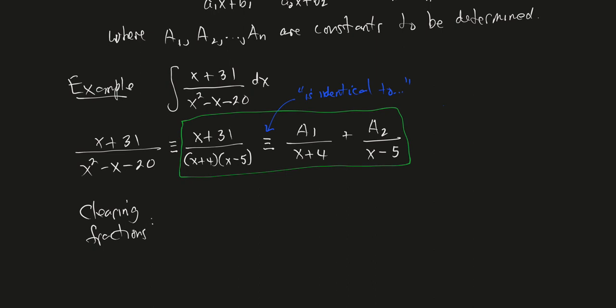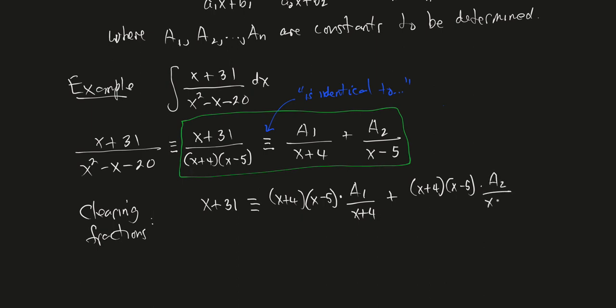In fact, you do this regardless of which of the methods that I'm about to show you that you're using. So if I multiply both sides by this denominator, I'm going to be left with x plus 31 on this side, and then I'll have my identity symbol there, and then I would have x plus 4 times x minus 5 times a1 over x plus 4, and then plus the x plus 4 times x minus 5 times a2 over x minus 5.